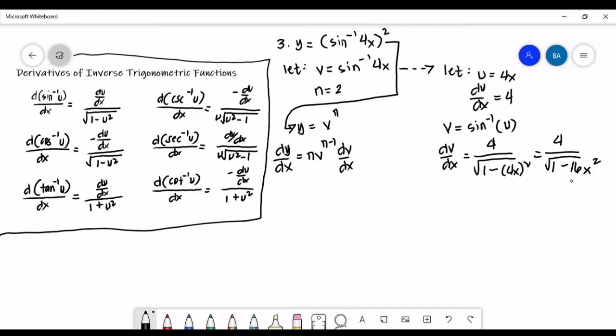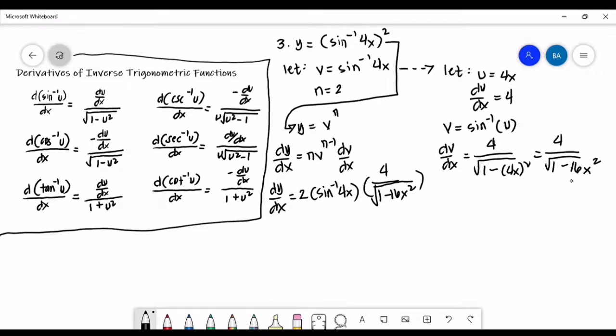At this point, the next step is the direct substitution. So dy dx is equal to n is 2, v is arc sine of 4x, and then n minus 1, 2 minus 1 is already 1, and then our dv dx is equal to 4 over the square root of 1 minus 16x squared.